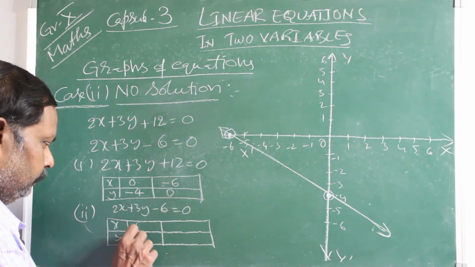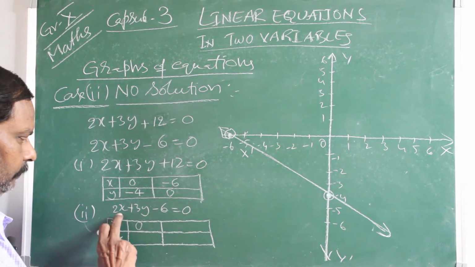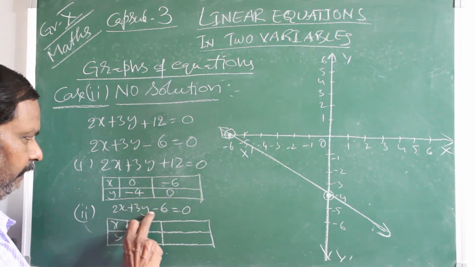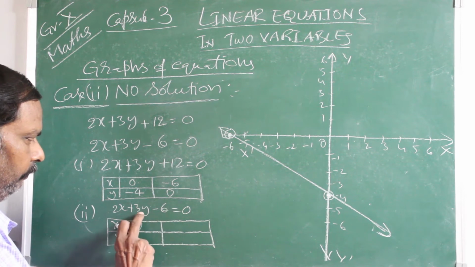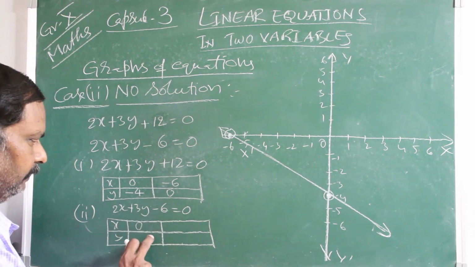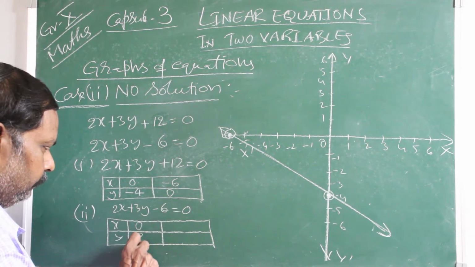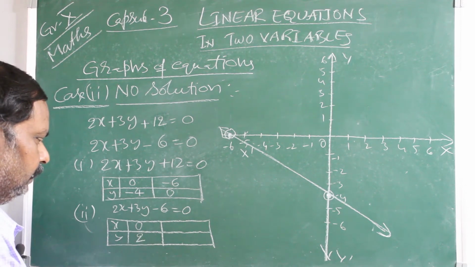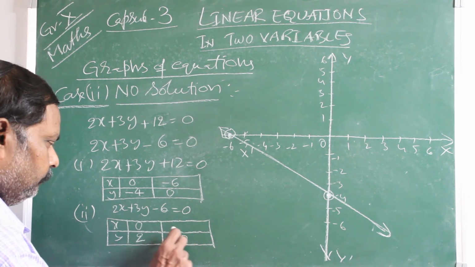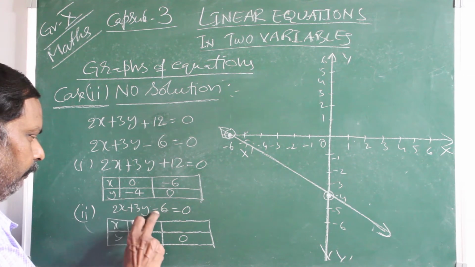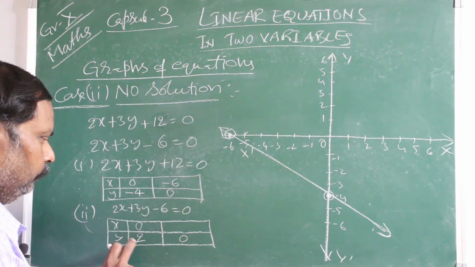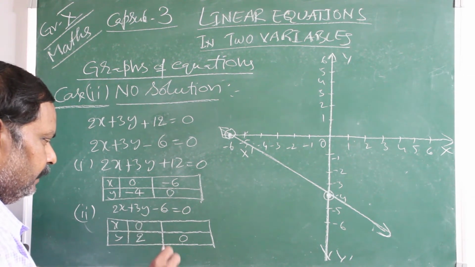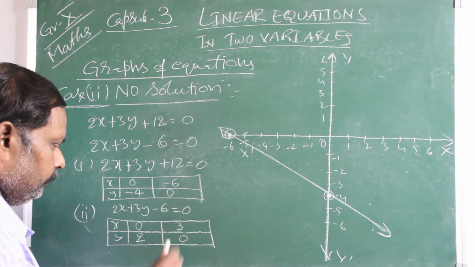When x is equal to 0, this is 0, 3y minus 6 is equal to 0, 3y is equal to 6, y is equal to 2. Similarly, when y is equal to 0, 2x minus 6 is equal to 0, 2x is equal to 6, then x is equal to 3.